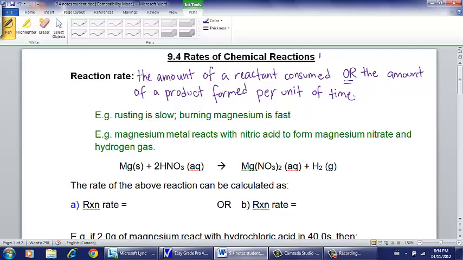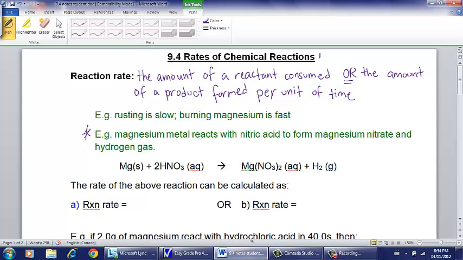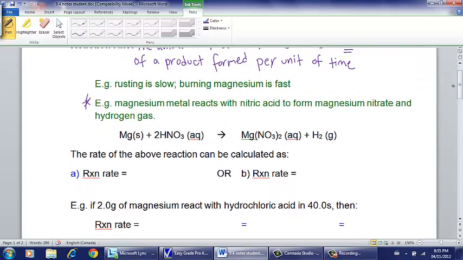We can see that reactions take place at different rates. For example, rusting is a slow process whereas burning something is really fast. We're going to look at this example, magnesium metal reacting with nitric acid to form magnesium nitrate and hydrogen gas, to look at reaction rate. So the reaction rate for this example can be defined as either the mass of reactant that is used up over time or the amount of product that is produced over time.